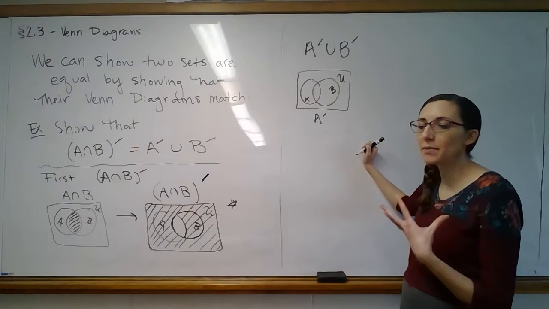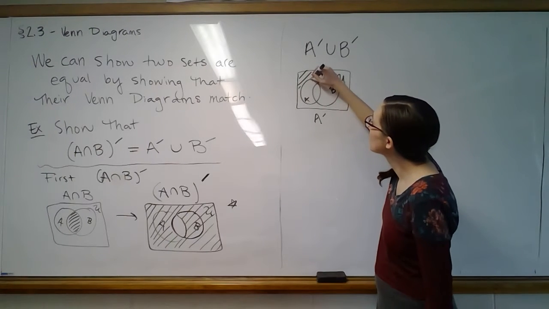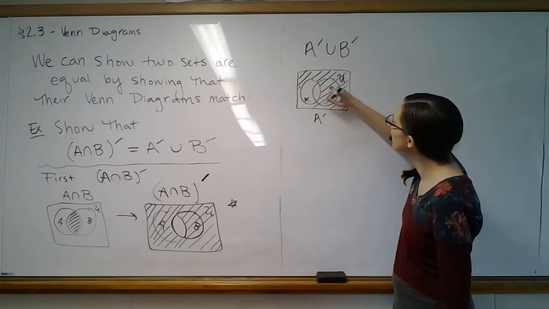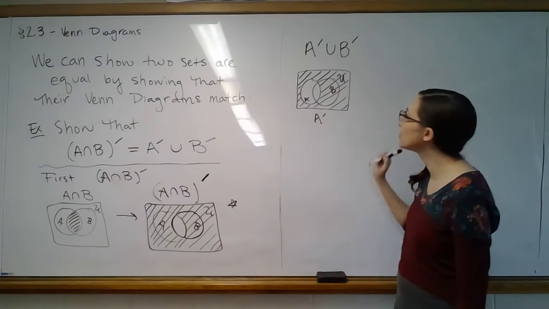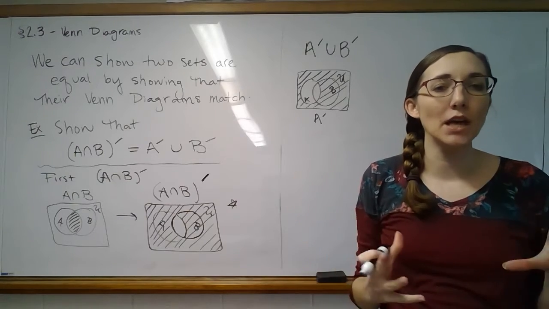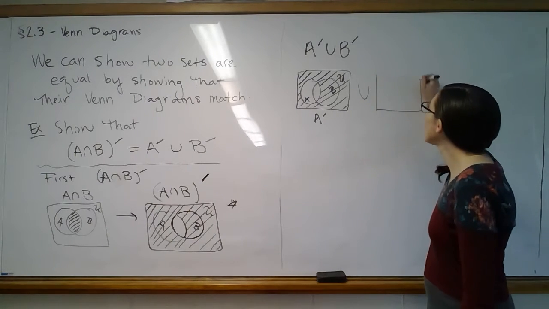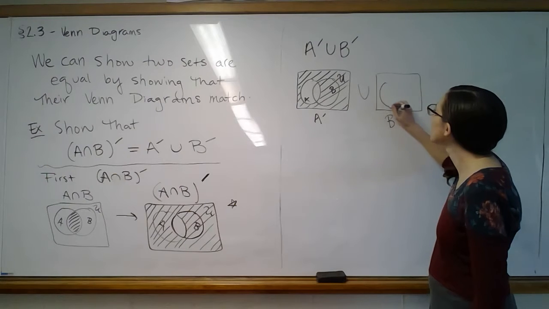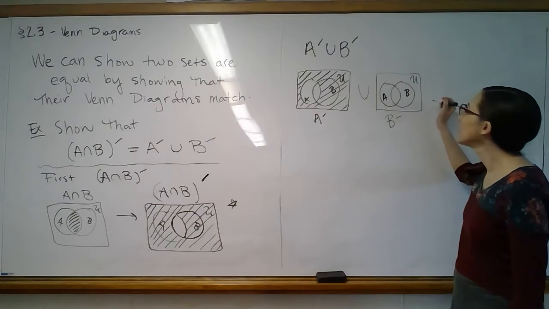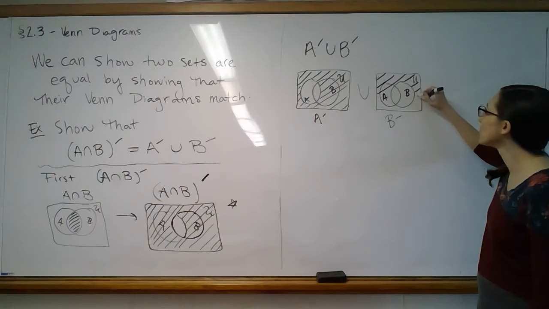Now remember, A complement means everything outside of A. So everything except circle A is shaded. Remember too, that also includes the box, right? It's everything in the universe outside of set A. And then we're going to union that with B complement. Now B complement, similar idea, is going to be everything outside of the circle for B.